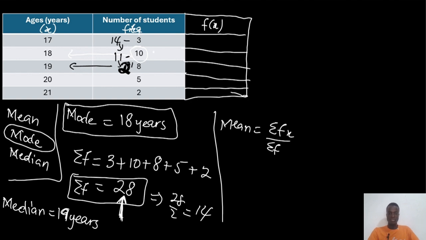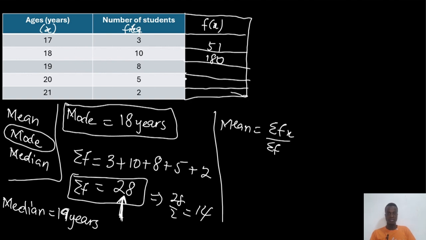So 3 times 17, you have 51. You can confirm alongside with me. Let me clean this so you don't be confused. Those things were done with the previous calculation, right? So 51. Now 10 times 18, that's 180.